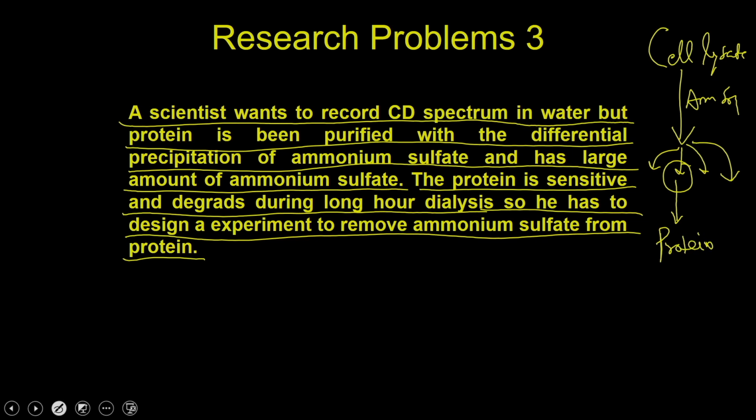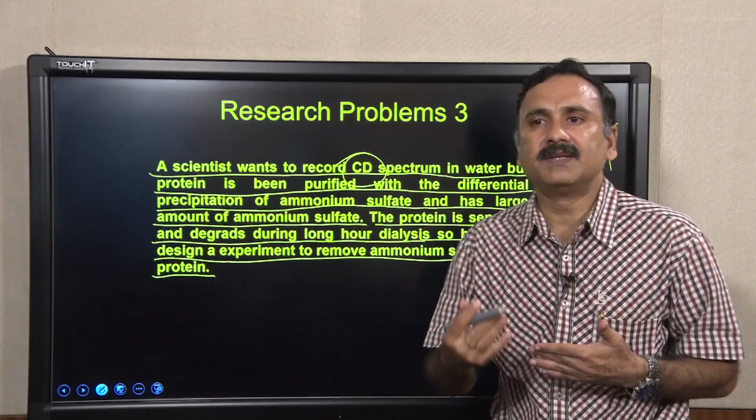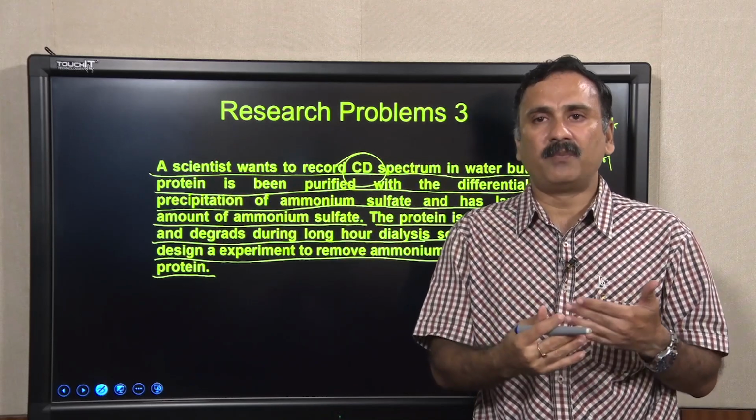But the issue is, for this protein he wants to collect a circular dichroism spectrum, but this protein contains a large quantity of ammonium sulphate. If the protein contains a large quantity of ammonium sulphate, it is going to interfere with further analysis and getting the proper CD spectrum.